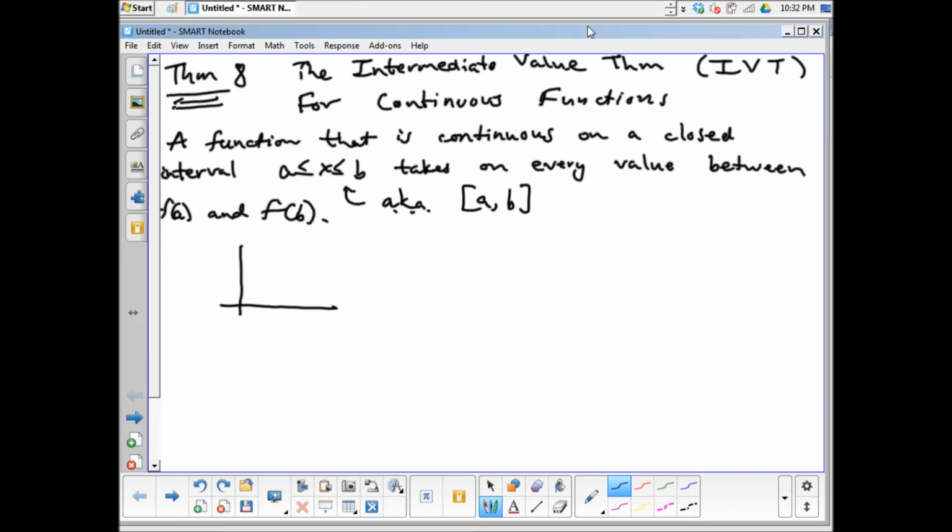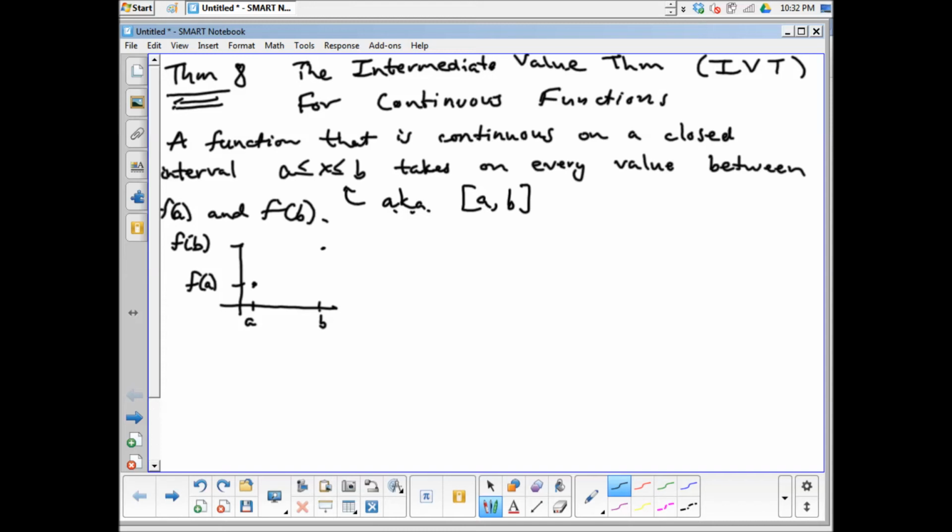Let's say that you have a point here with coordinates a, f of a, and another point over here with coordinates b, f of b, and there's a curve connecting.